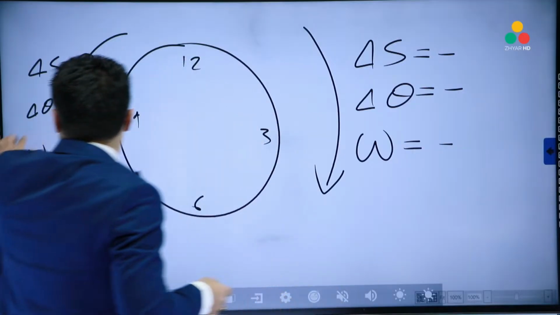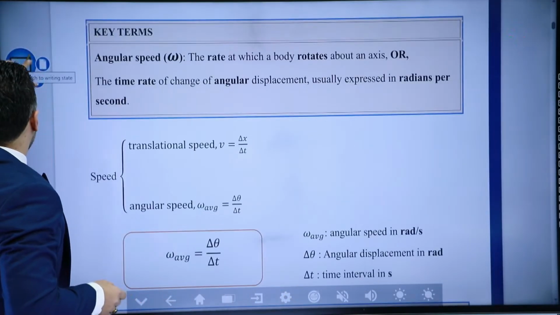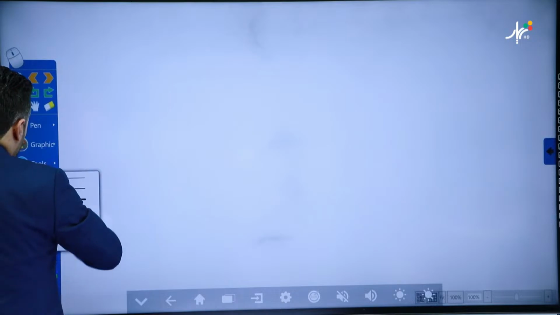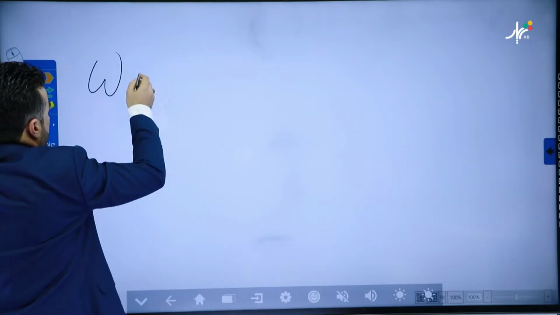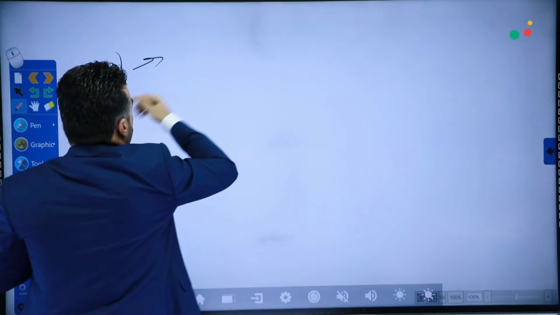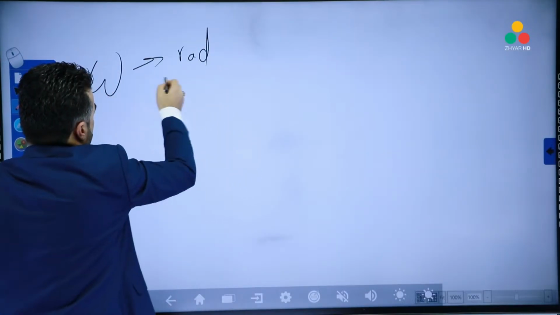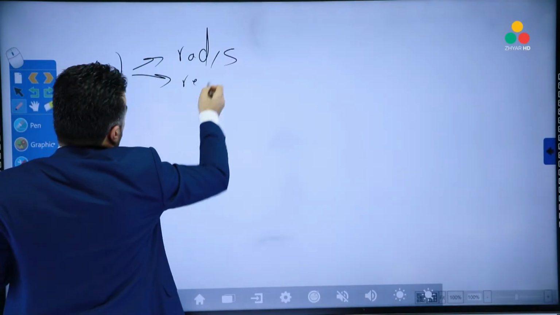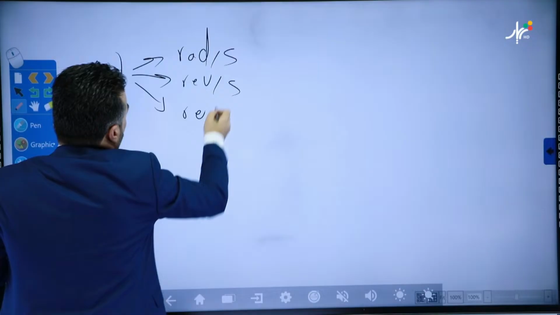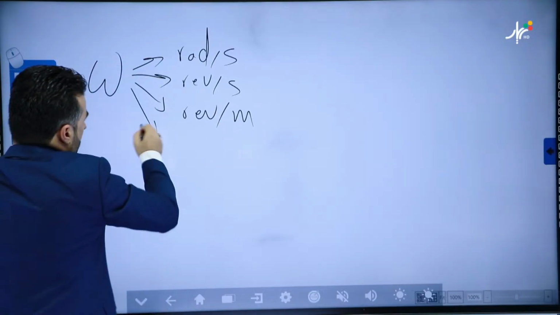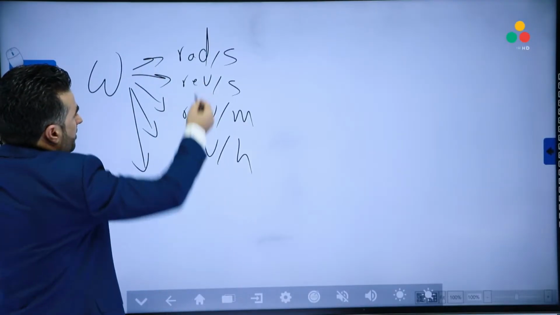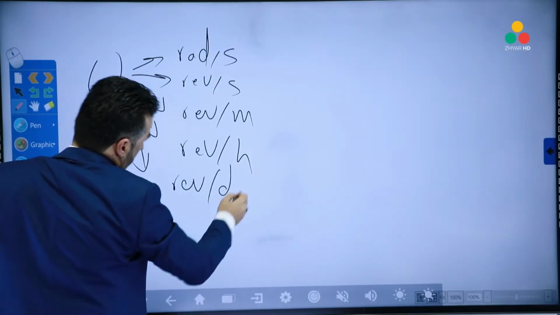Excellent. Now, angular speed is not always given in radian per second. Sometimes it is given in radian per second, sometimes in revolutions per second, sometimes in revolutions per minute, other times in revolutions per hour, and other times in revolutions per day.